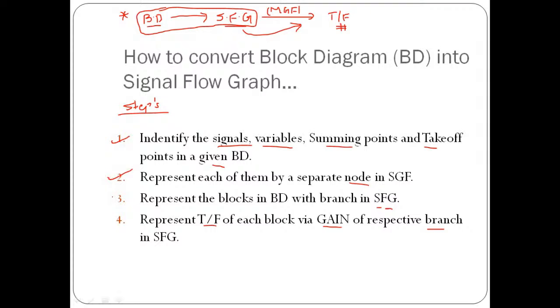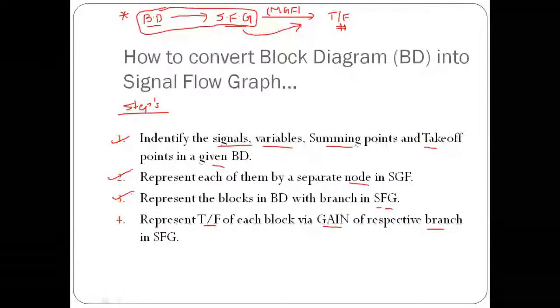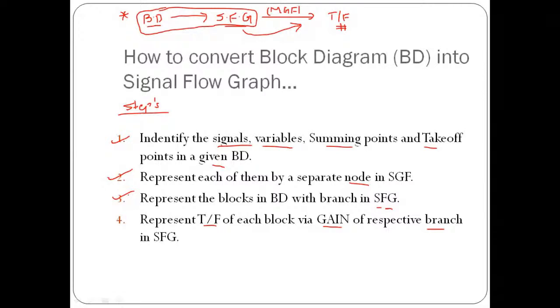Then identify blocks connected in the block diagram and represent them by a separate branch in the signal flow graph. And then whatever transfer function is available in each block, we need to treat as a gain corresponding to the branch connected in the signal flow graph. That's it. Let us try one numerical so that you can understand this technique very clearly.